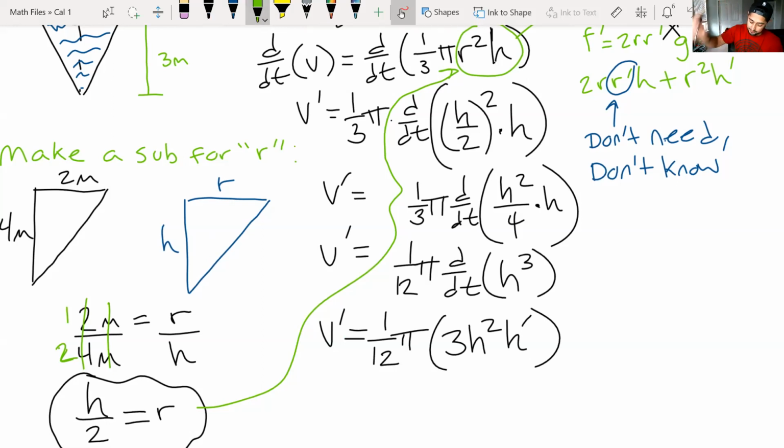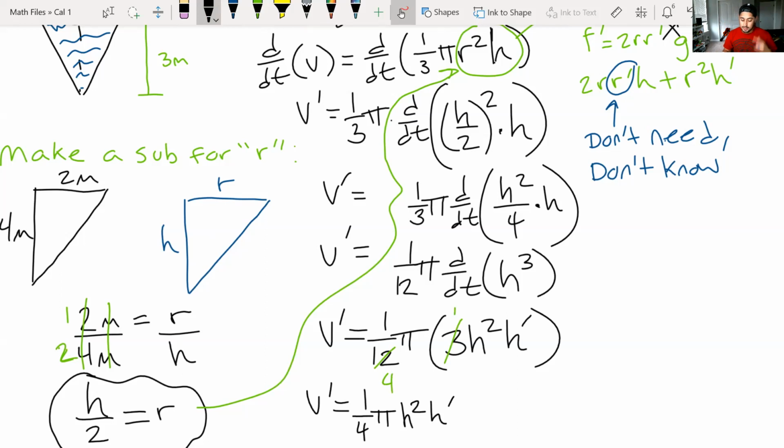First, cleanup: this 3 becomes 1, and this 12 becomes 4, because 1/12 times 3 is 1/4. So now my rewrite: v prime equals 1/4 pi times h squared h prime.